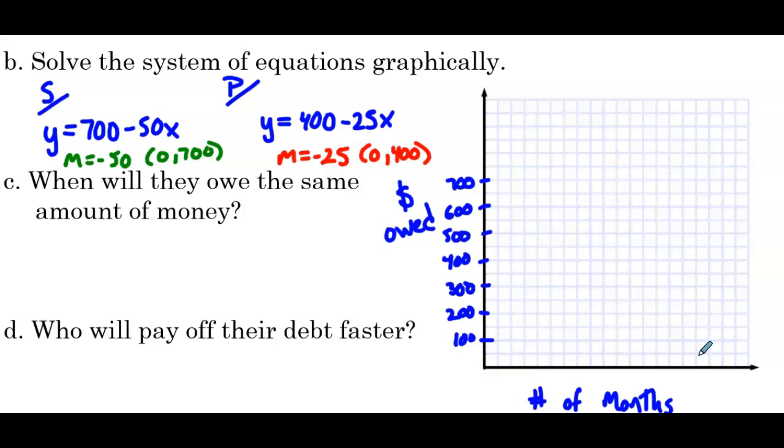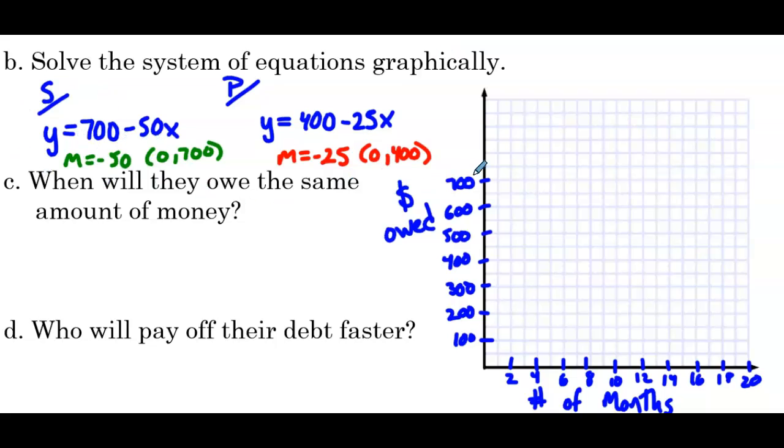And number of months, we'll just go by ones again. So every 2 boxes will be 2, 6, 8, 10, 12, 14, 16, 18, and 20. Okay, so now we can graph.